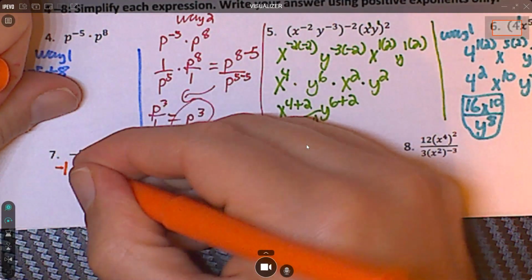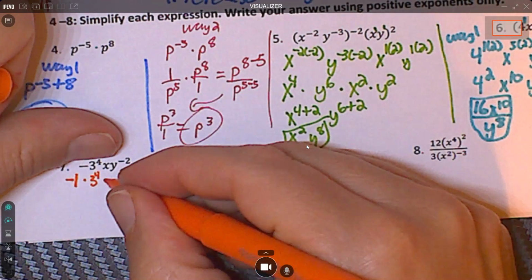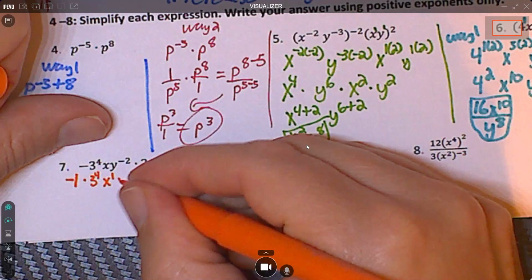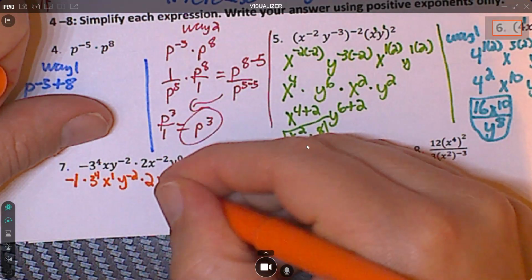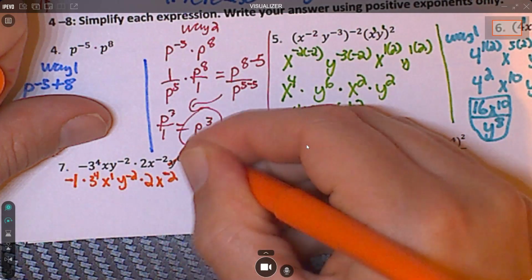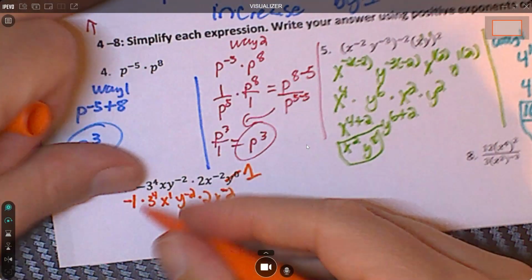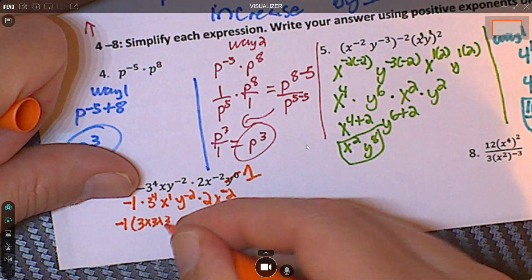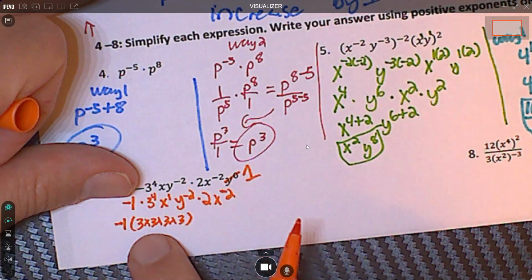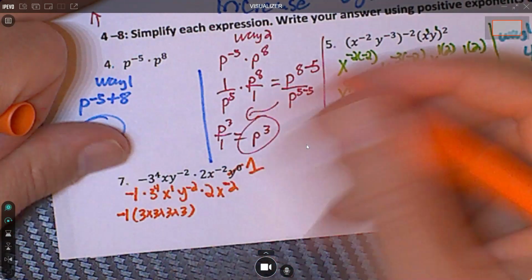Negative 1 times, it's not encased in parentheses. Anytime you see y to the 0, it's gone. So now I got negative 1. Okay, 3 times 3 is 9. 3 times 3 is 9. 9 times 9 is 81.